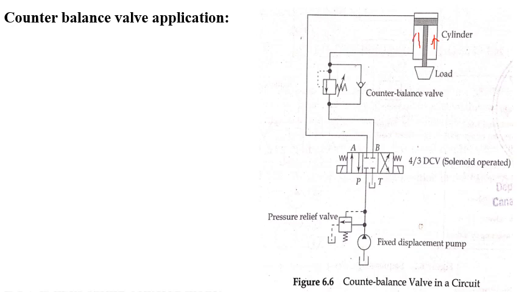In this way we can prevent free falling of this piston because of its gravity. So it creates some back pressure, and that back pressure is just greater than this load. In this way it can prevent the free falling of the piston because of its gravity.